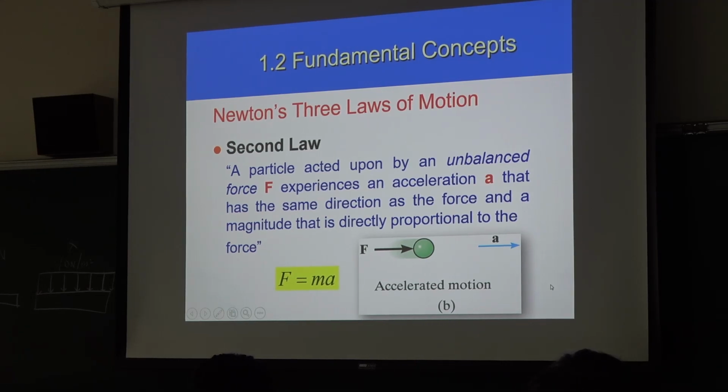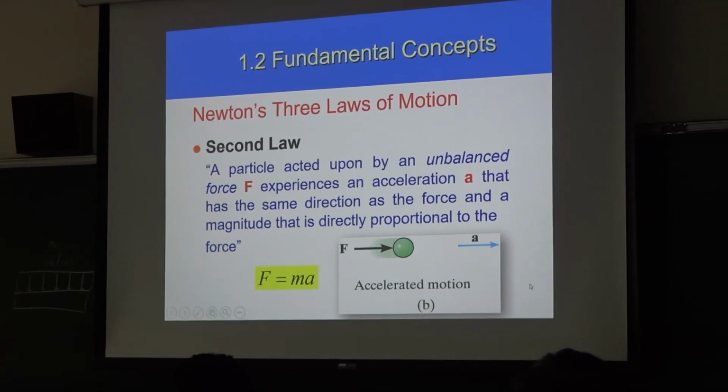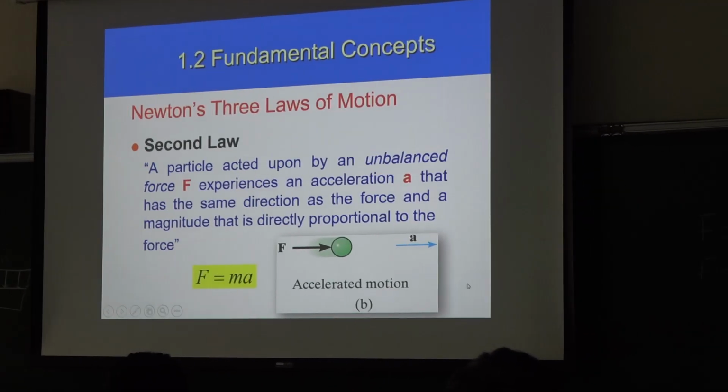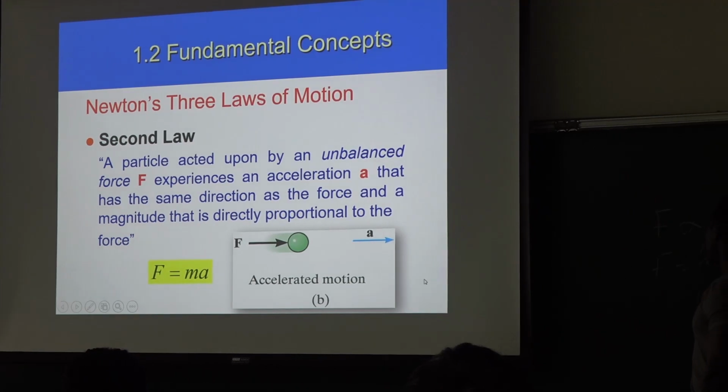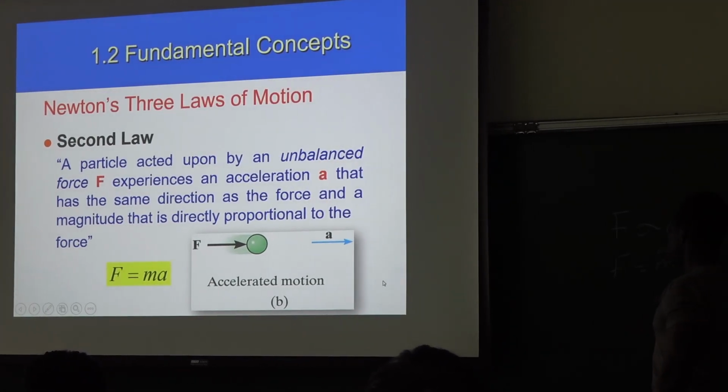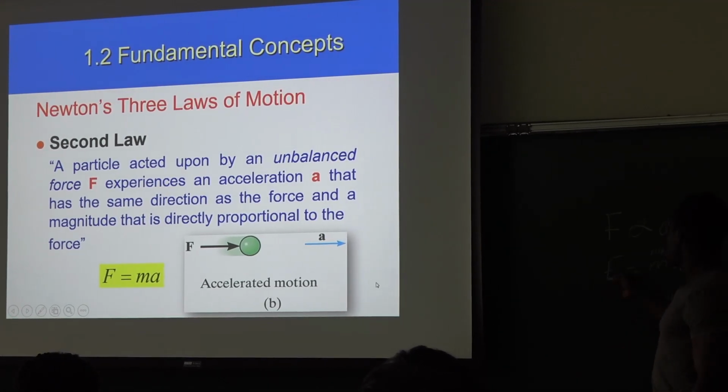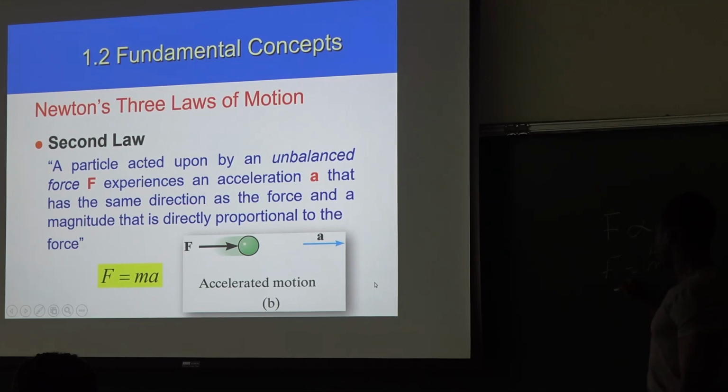Maybe for the bicycle, the mass is only 10 kg, and then you assume that for the car, this is 1000 kg. How much force do you need to get this? And then how much force do you need here? So this law simply explains why maybe only one of us, I think everyone here can push a bicycle, but we may need like 10 of us to push one car.